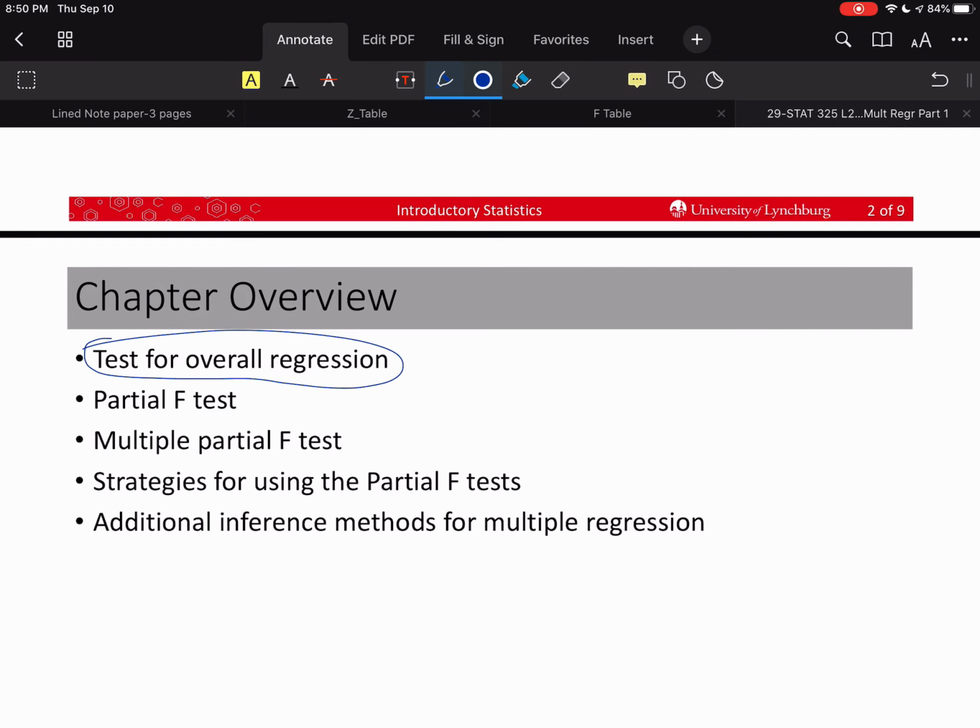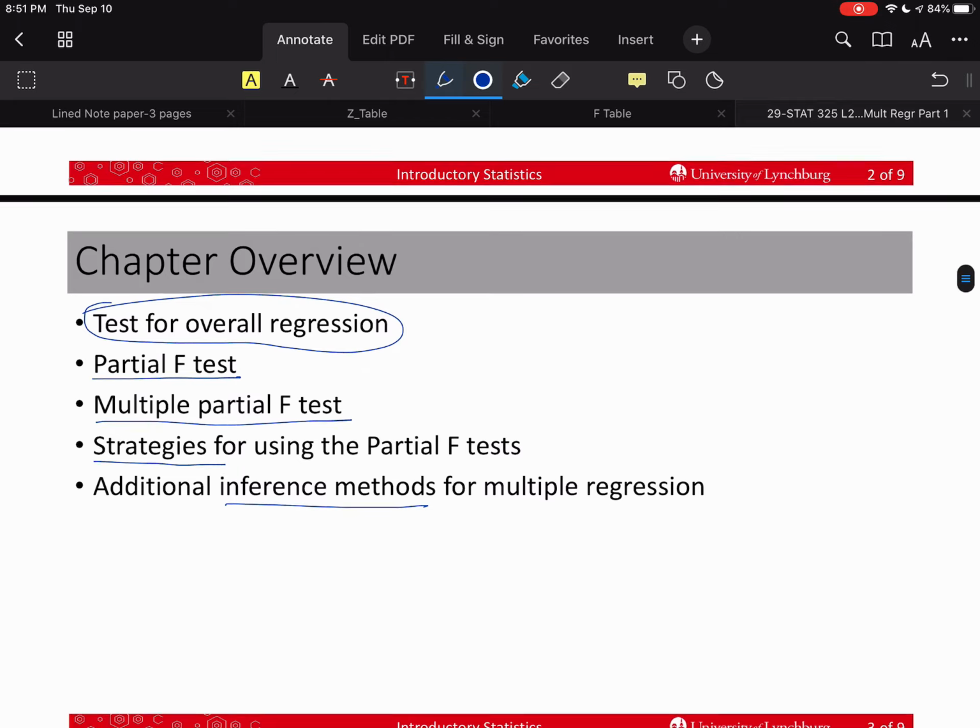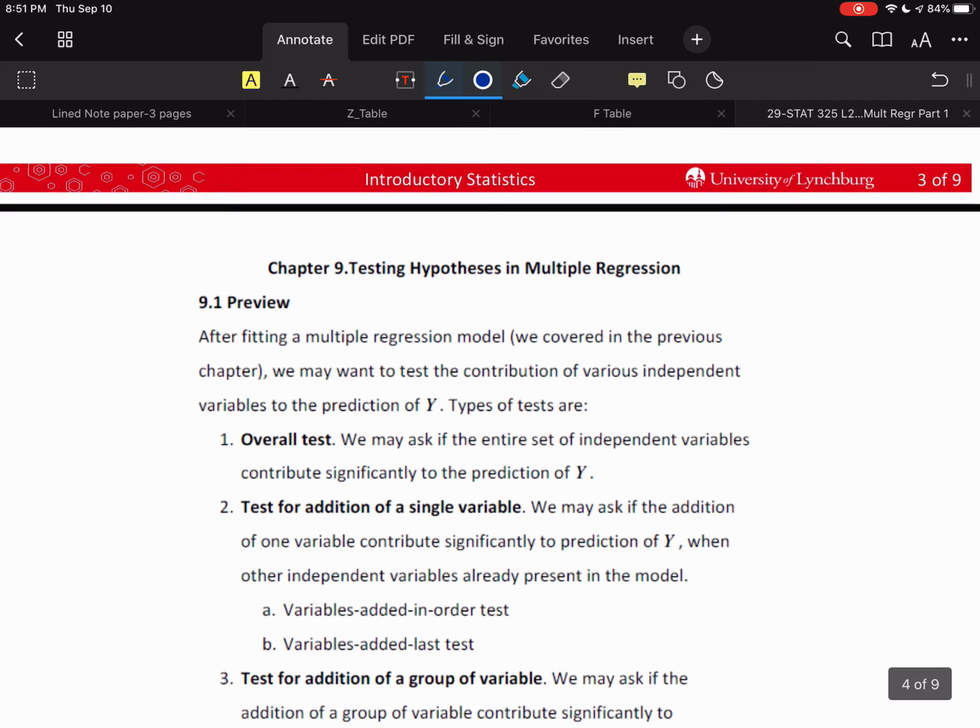In this chapter, we're going to talk about something called a partial F-test, a multiple partial F-test, strategies for using these, and some additional inferential methods for multiple regression. This is going to be a little technical, and it's going to take some thinking and keeping things straight and clear. So let's get started.